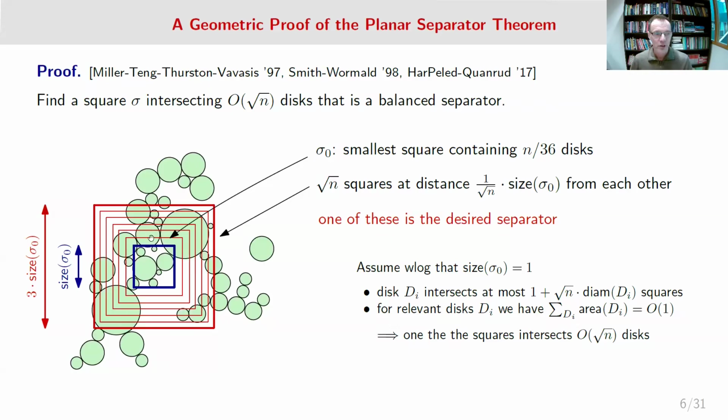Since these squares are a distance 1 over square root of n from each other, the number of squares whose boundary is intersected by this disk is its diameter times square root of n. If the diameter is 1 over square root of n, then it has essentially the same size as the distance between two such things, and it intersects at most 1. If the diameter is 1, then it will intersect all of the squares.